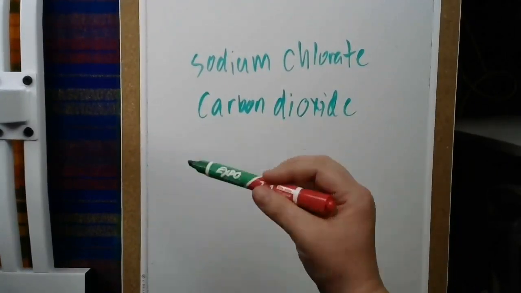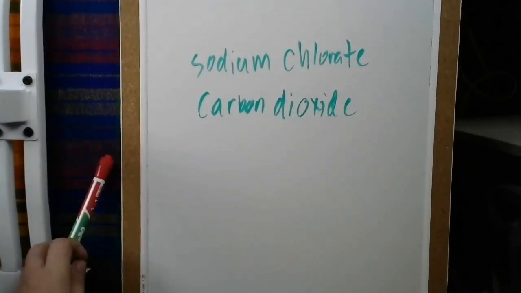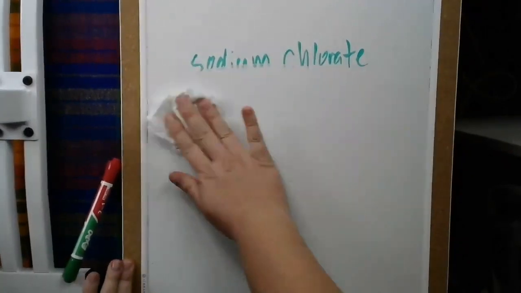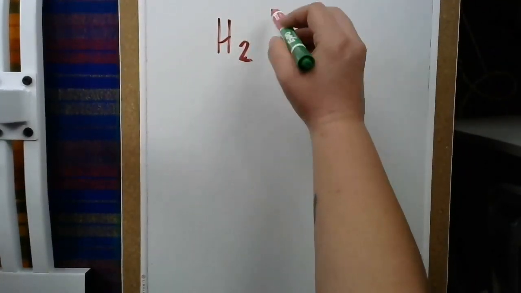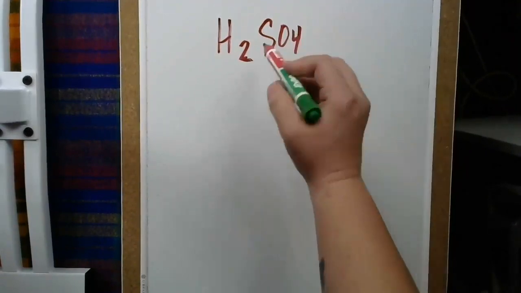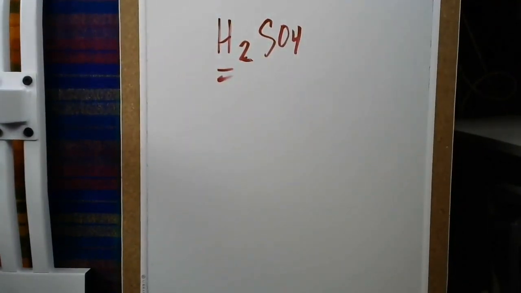H2SO4, now this is a big thing. So when you see that H out front like that, that should indicate to you right away that we're dealing with an acid and that you have to name it following the acid rules. It's not just a standard molecular compound.